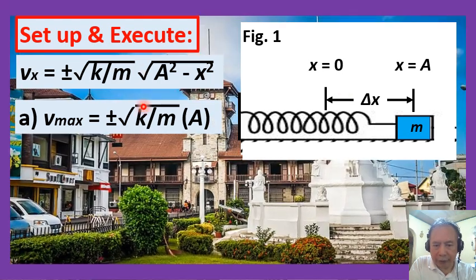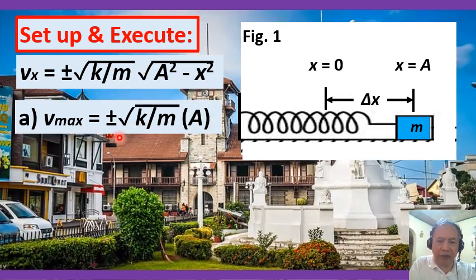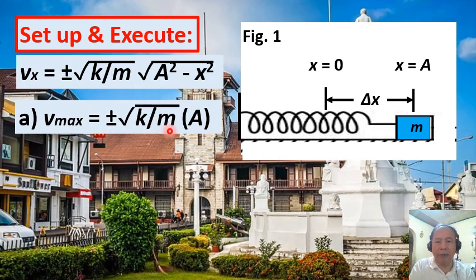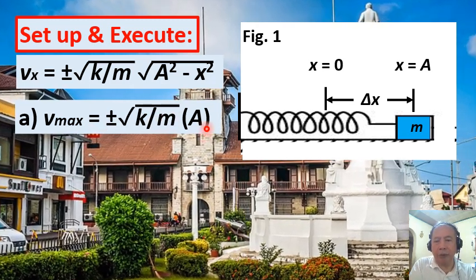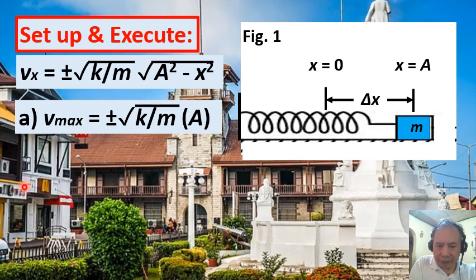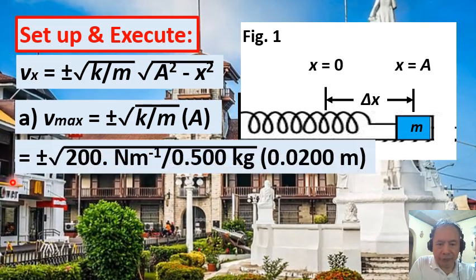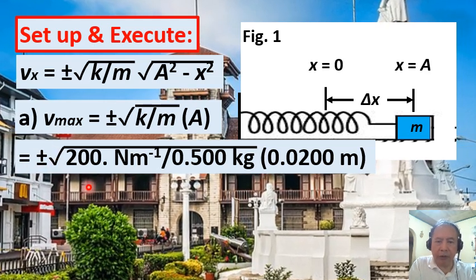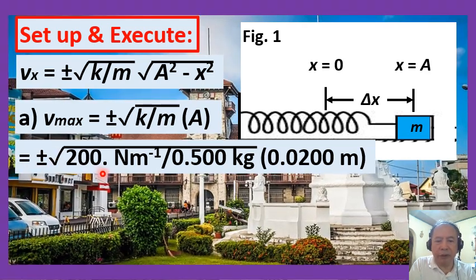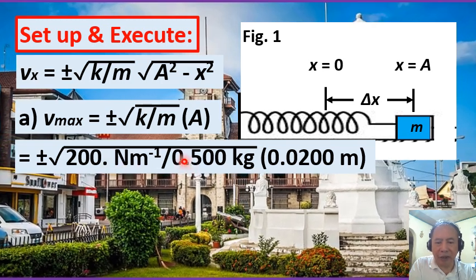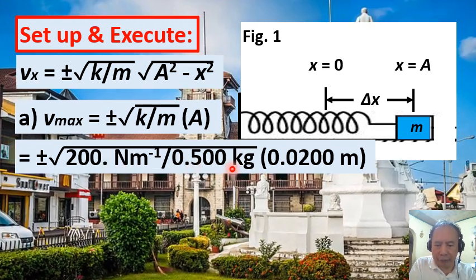So our formula simplifies to Vmax equals plus or minus the square root of k over m, multiplied by the amplitude, capital A. That is, Vmax will be equal to plus or minus the square root of 200 N/m, that's the value of k, divided by the mass, 0.500 kilogram.